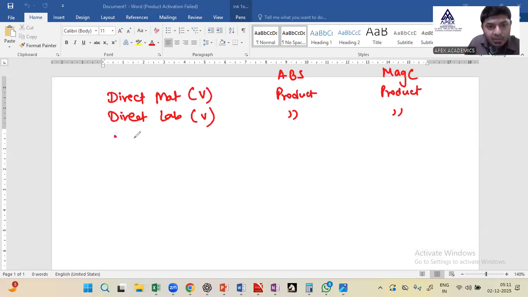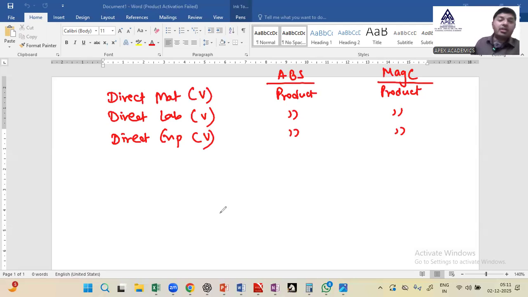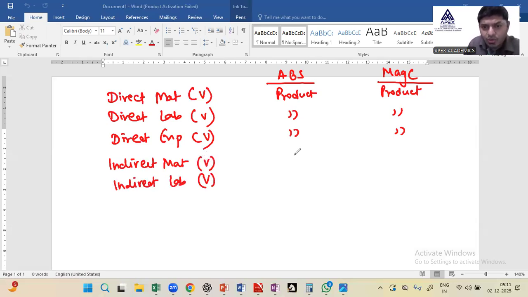Direct expenses, which are also variable in nature, will be product costs under both absorption as well as marginal costing. But when I speak about indirect materials and items like indirect labor, if they are variable, only then they will become product costs under marginal costing. If the indirect material is fixed, it will become a period cost.